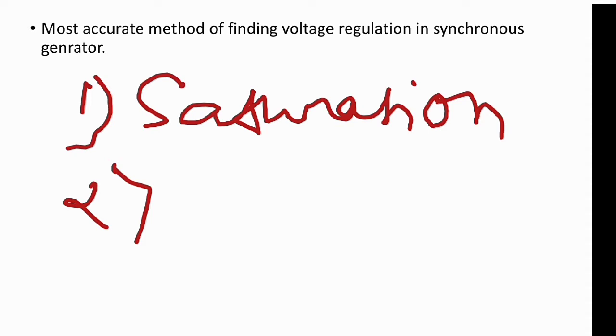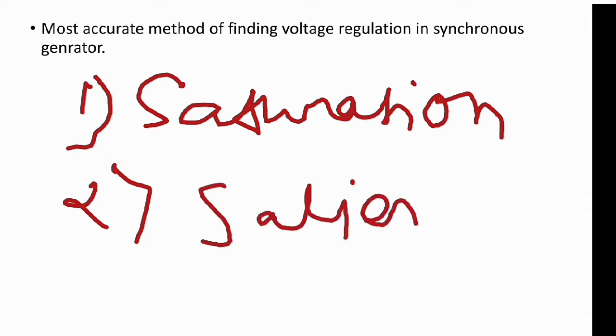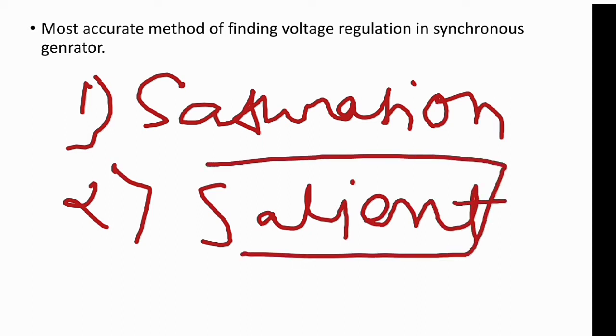We cannot use the previous methods for finding voltage regulation of a salient pole type synchronous generator, so for salient pole type we will have to use the ASA method only.